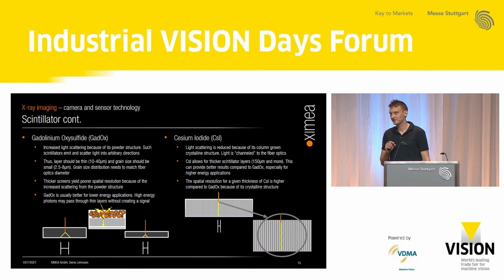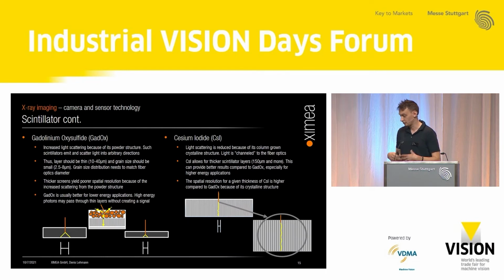But with thin screens, as we have just learned, the interaction probability decreases. So for GADOX, we should be only using it for lower X-ray energy applications and not for the high energy applications, because otherwise we just wouldn't have any interaction probability there.